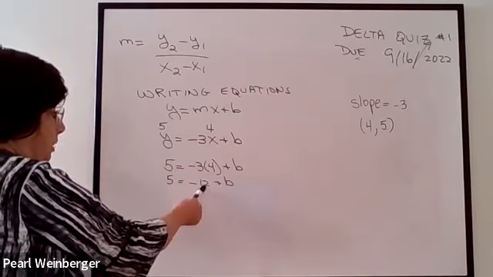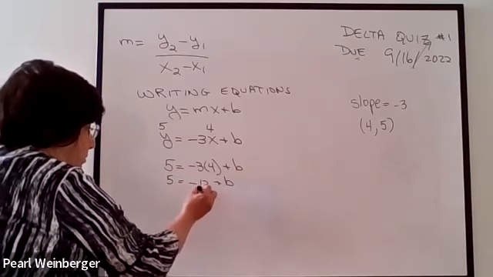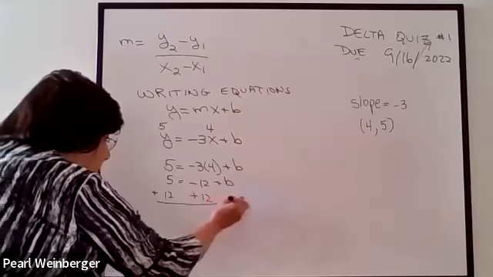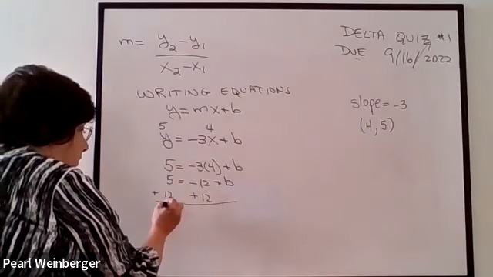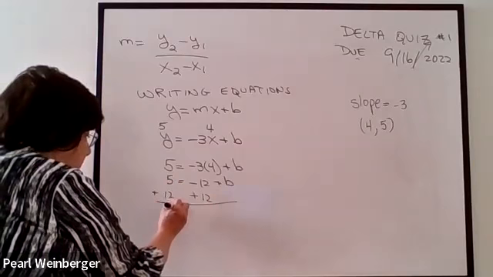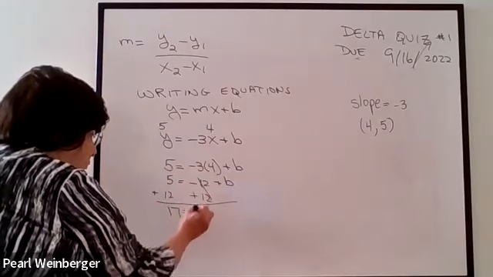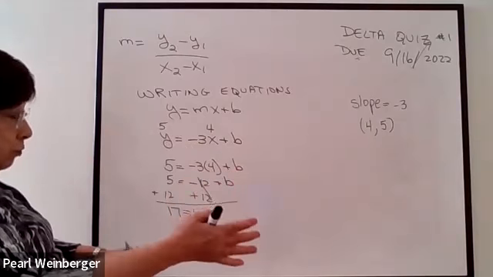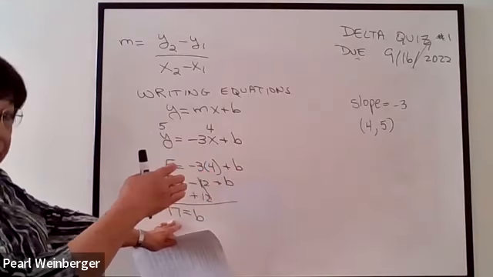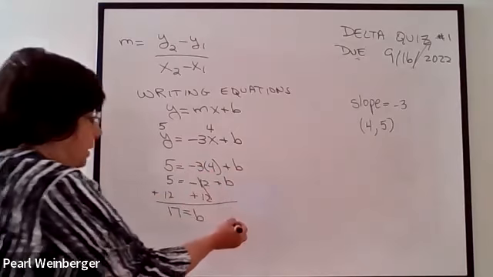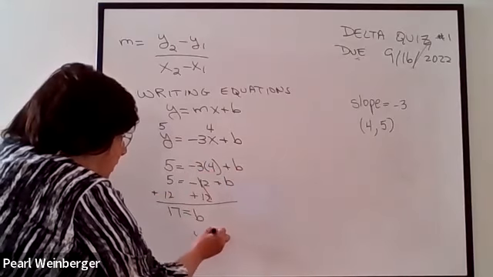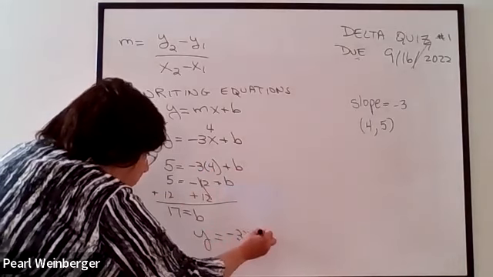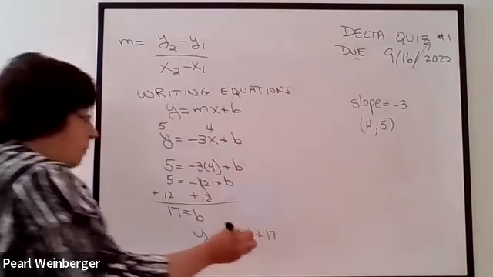Plus b. So now I have to bring this 12 to the other side. So 5 plus 12 gives me 17. That's what my b is. So now I know the slope is -3. The y-intercept is 17. So my equation becomes y equals -3x plus 17.